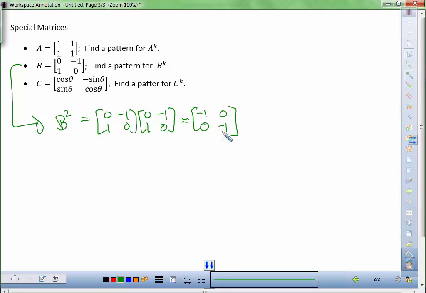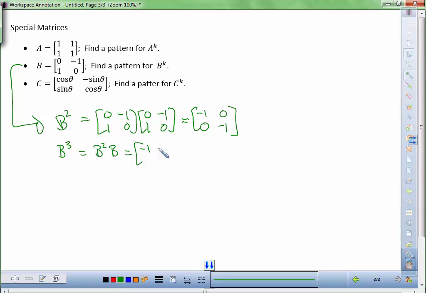Is that right? Okay. So this is b squared. Let's take a look at b cubed. So I'll take b squared and multiply it times b.